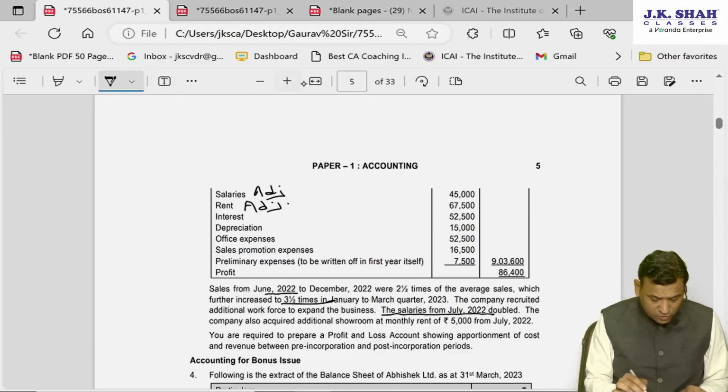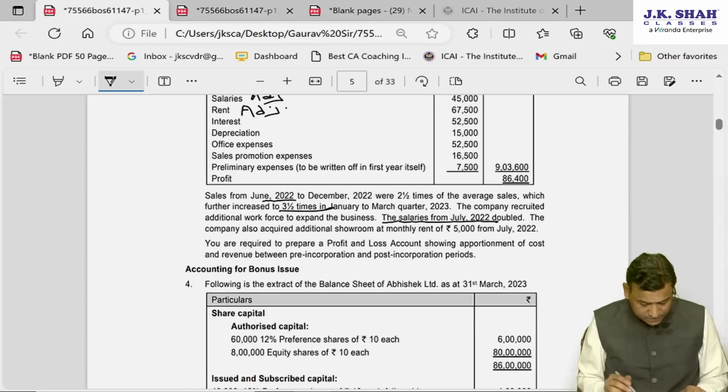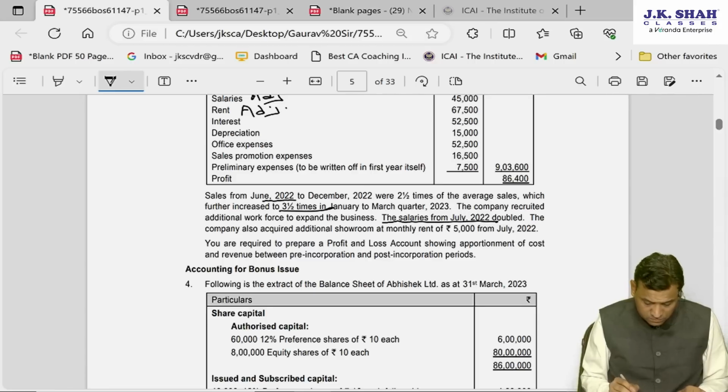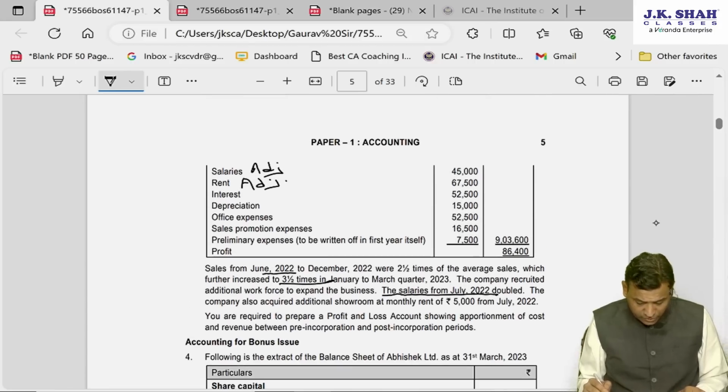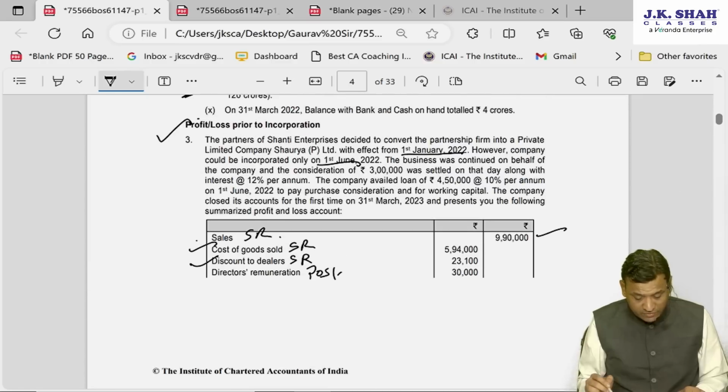For interest, what should we do, friends? The question says you have taken up a loan. When did you take up a loan? It is given in the beginning. The business was continued and the consideration of 3 lakhs was settled on the day along with interest of 12% per annum.